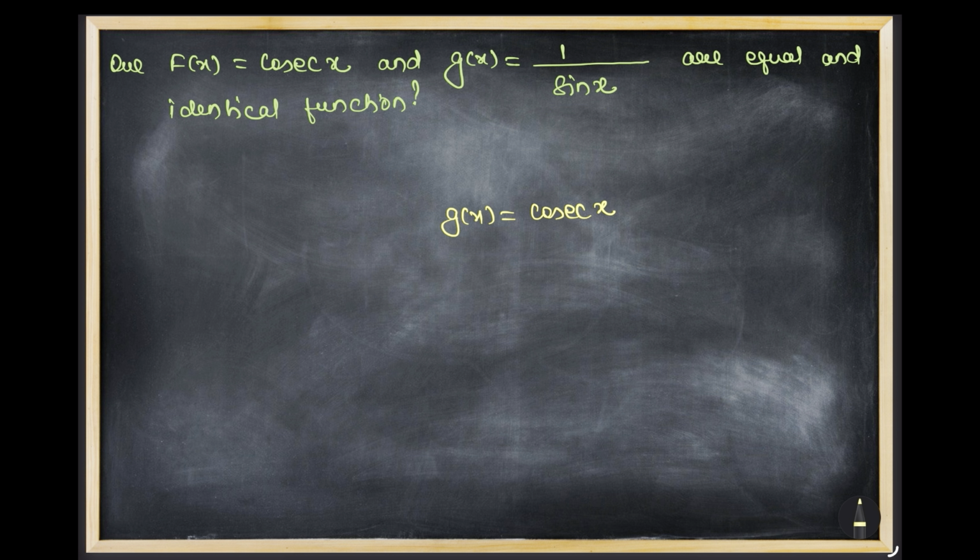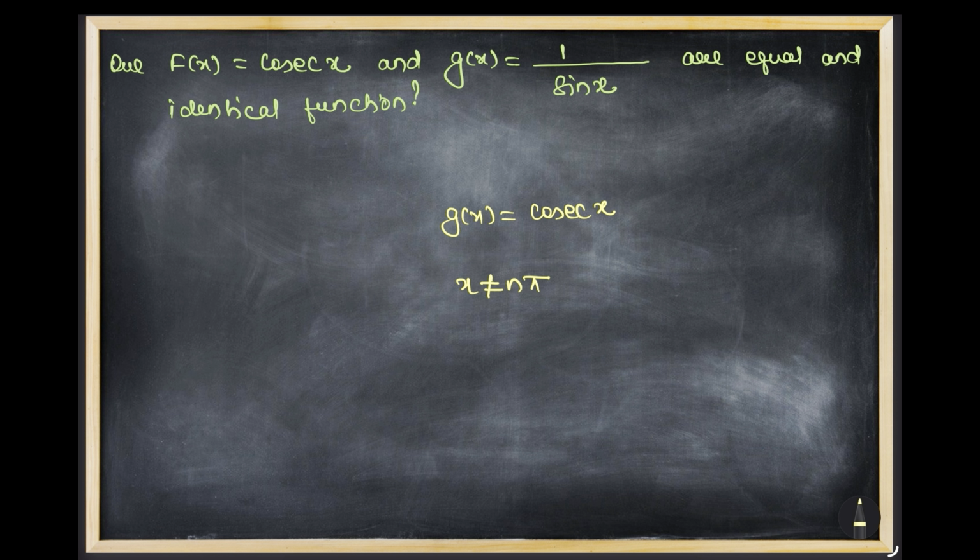So sine becomes 0 at 0, pi, 2 pi, 3 pi, minus pi, minus 2 pi, minus 3 pi. So at n pi, it is not defined. Means I can say that x is not equal to n pi. N is an integer.